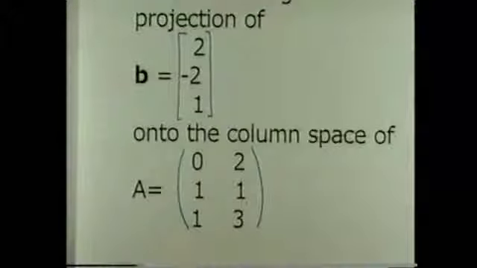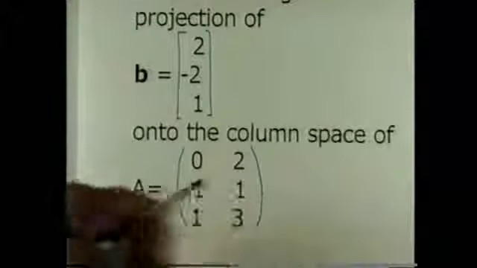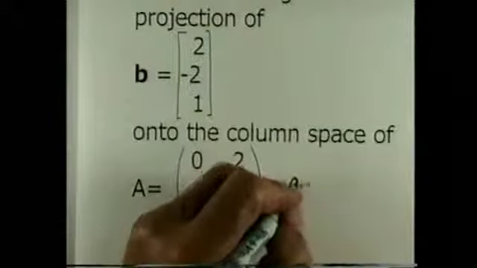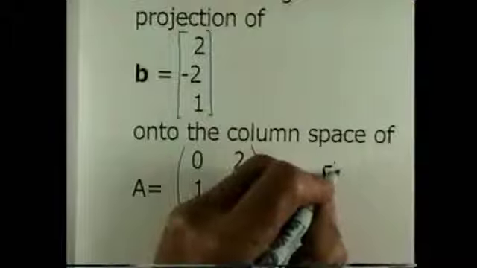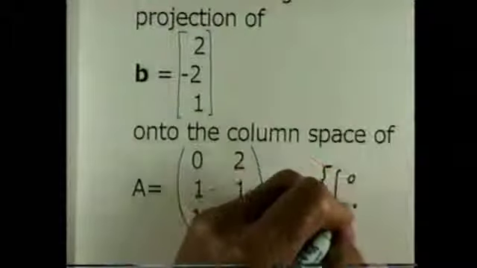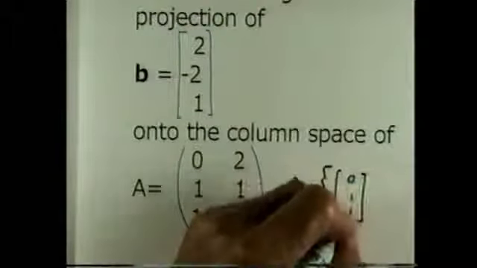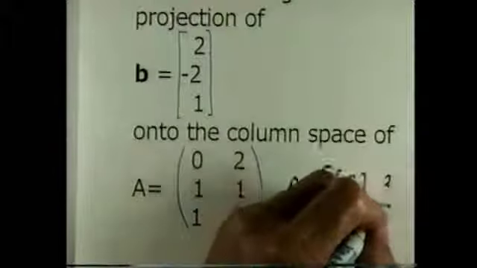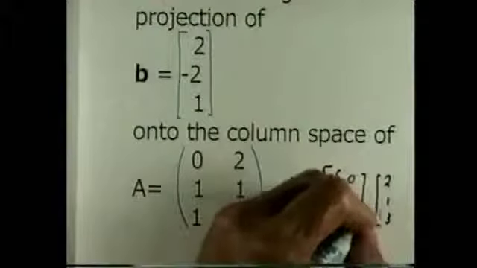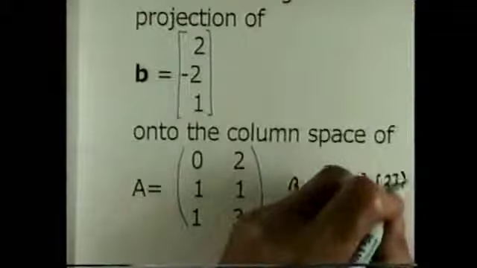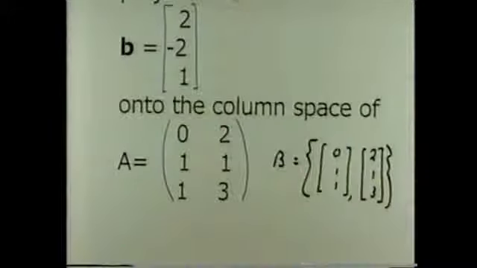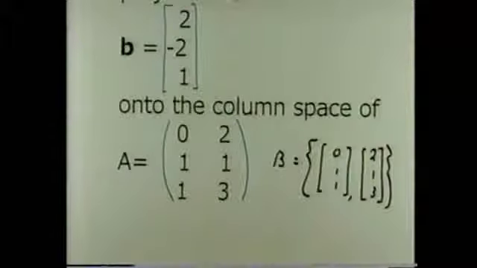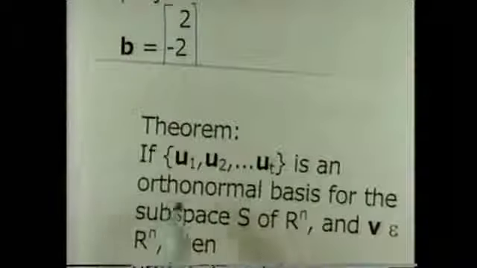Well, a basis for the column space of A is going to be the set of the vectors 0, 1, 1, 2, 1, 3. So, of course, we would have the basis. But we must make it orthonormal.